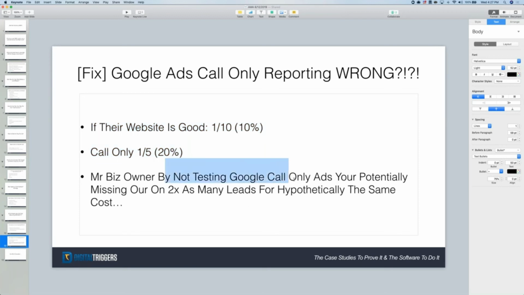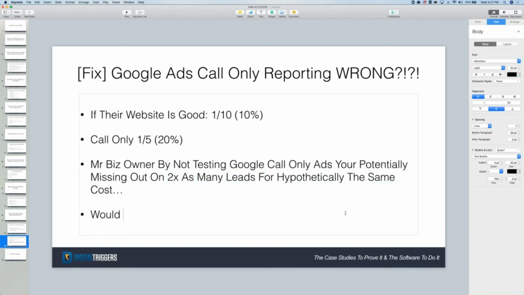Right, Mr. Business Owner, by not testing Google Call Only ads, you're potentially missing out on 2 times as many leads for hypothetically the same cost. Would it make sense to... right? Insert pitch.